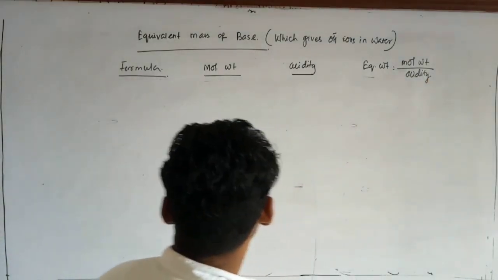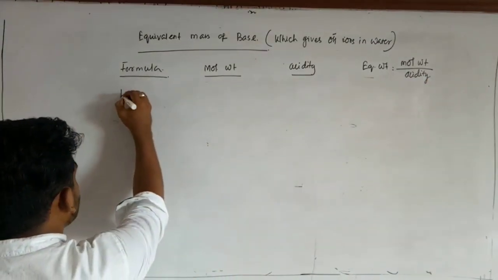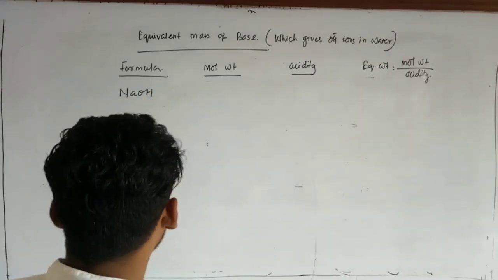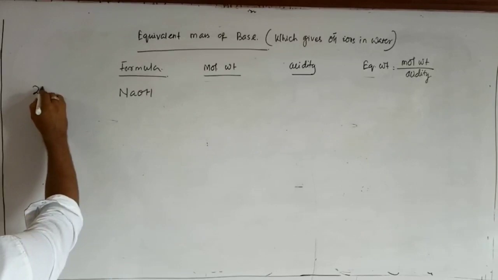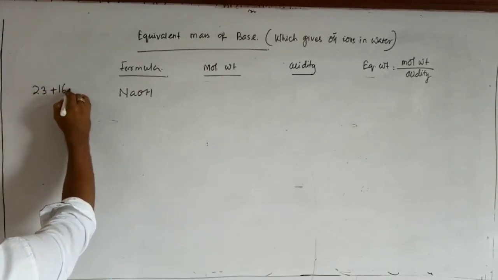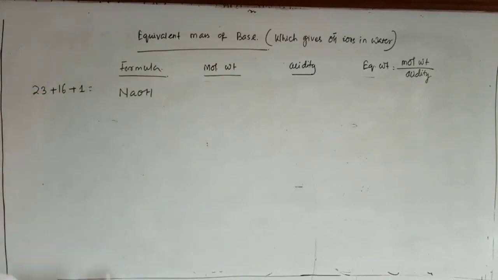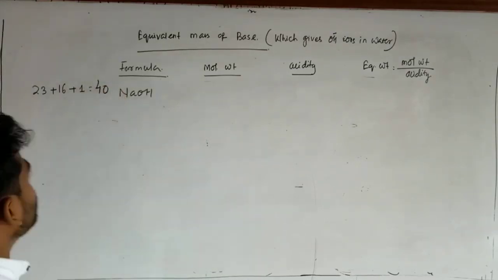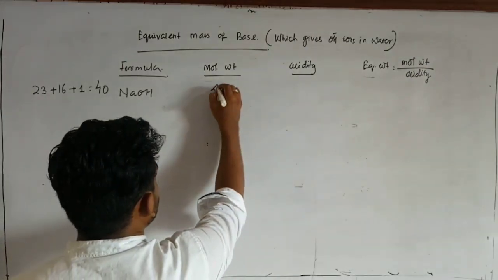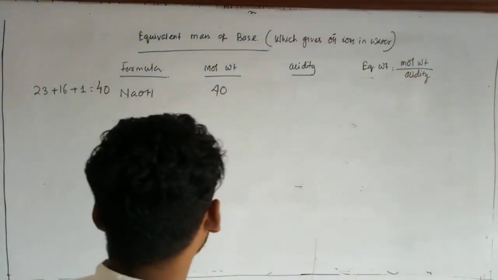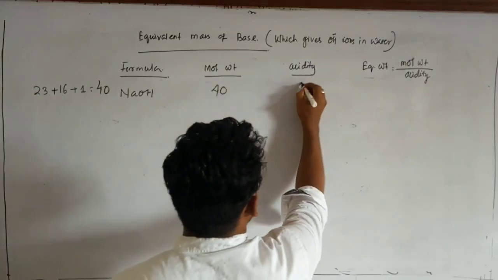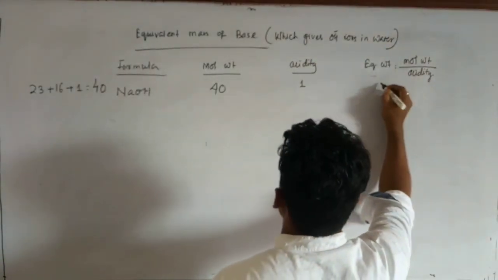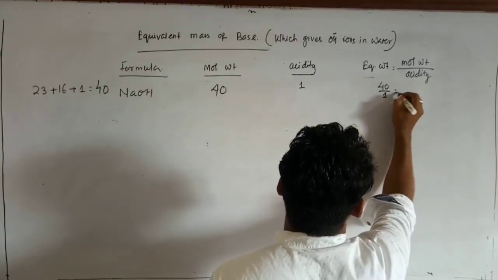Clear? So the first one is NaOH. Calculate its molecular weight: sodium 23 plus oxygen 16 plus hydrogen 1, that will be equal to 40. Acidity I have just discussed, 1. So equivalent weight will be 40 upon 1, equal to 40.